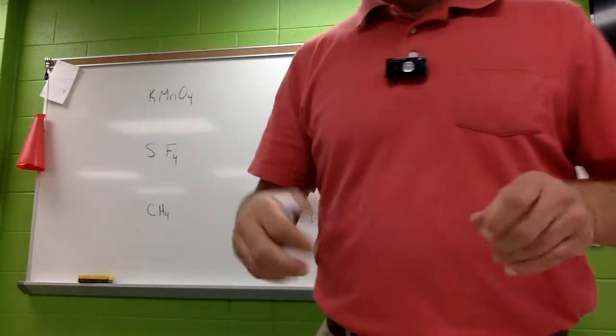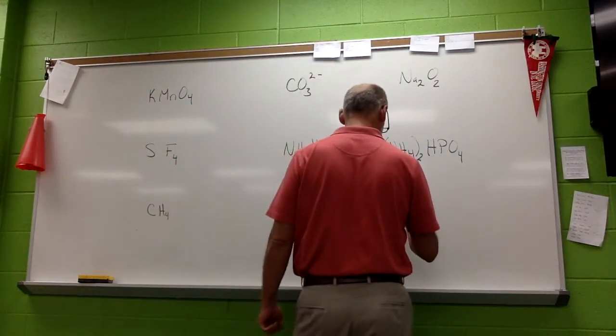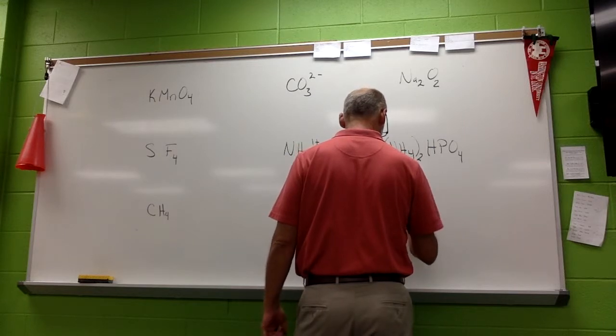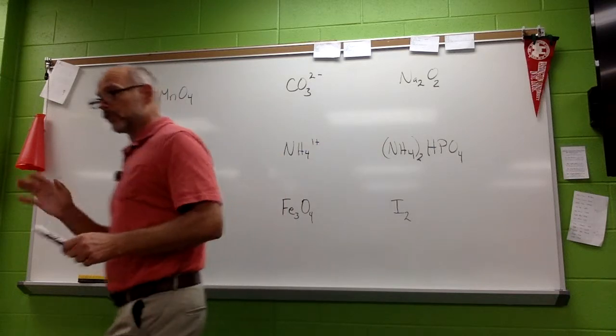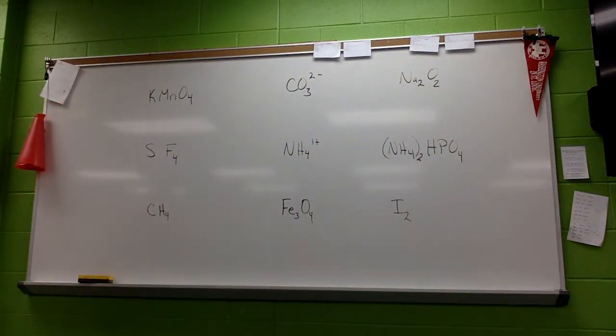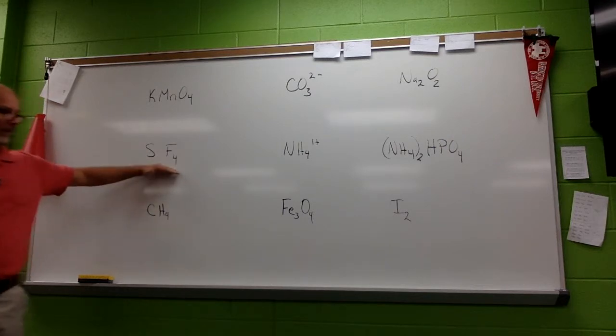Now, just as a reminder, this is what I want you to do, at least for now. Let's walk through this one real quick, because this is probably the easiest one on here. Does anyone know the oxidation state of either one of these elements right off the top of your head?